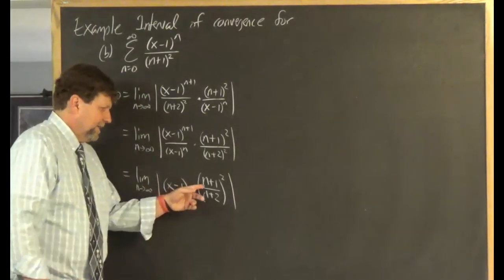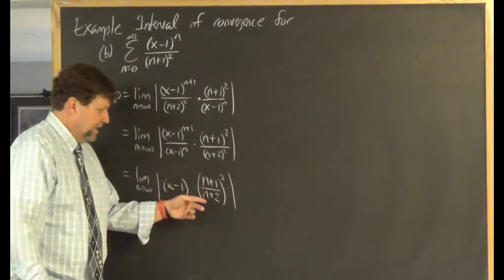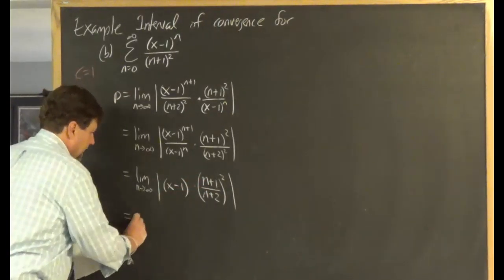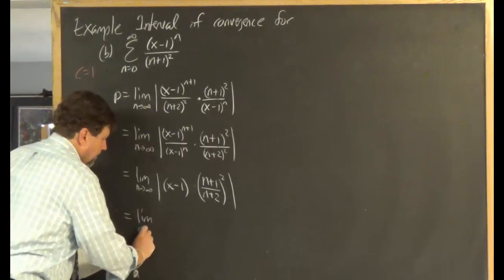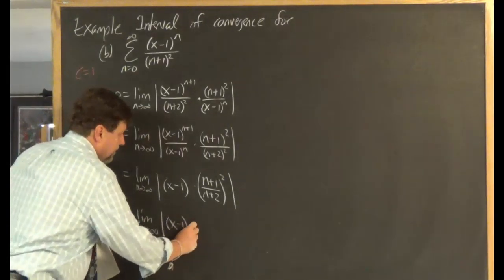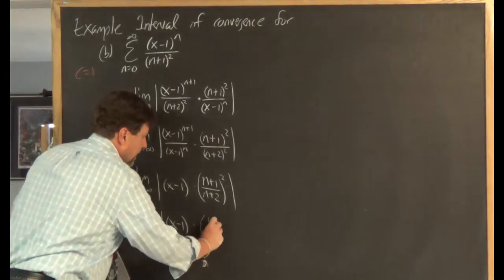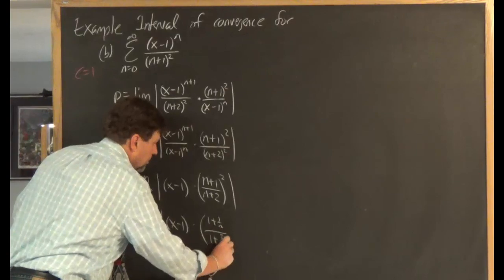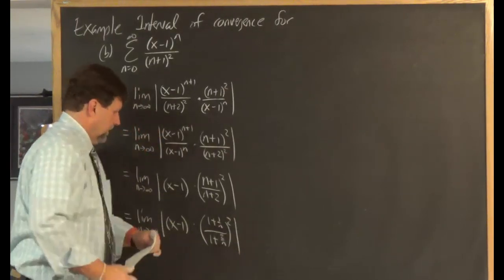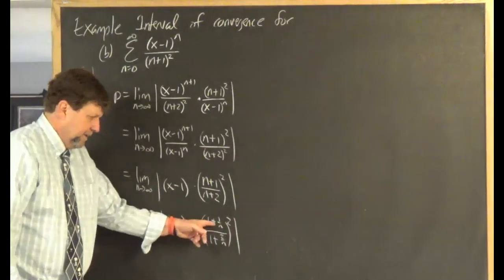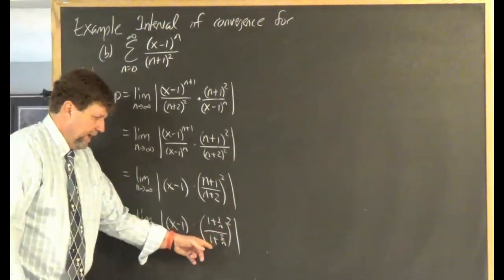Then I can come inside the parentheses, divide everything in the numerator by n, divide everything in the denominator by n, and the limit as n goes to infinity of this mess is 0.